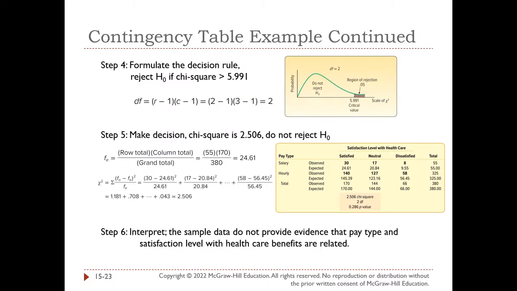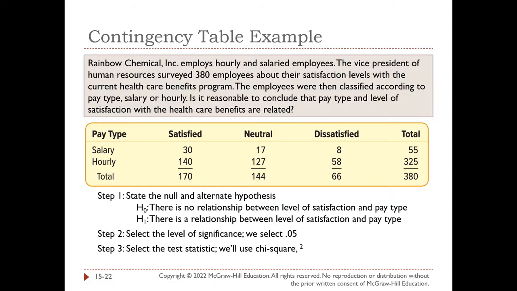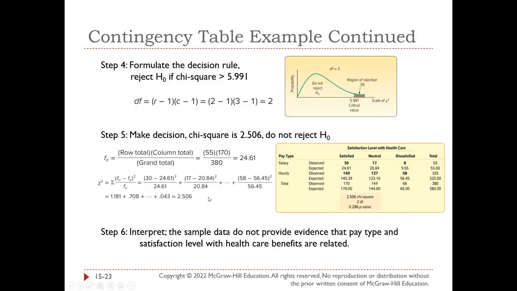Next, we're going to make the decision. Chi-square is going to be 2.506. We get the expected by taking the row total, which is 55, times the column total, divided by the grand total. So 55 divided by 170 equals 24.61. So they took the sum, and they did this basically for all the expectations, and then they added them together.